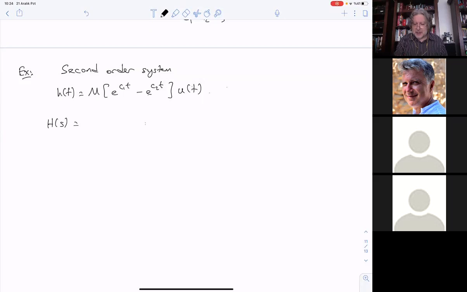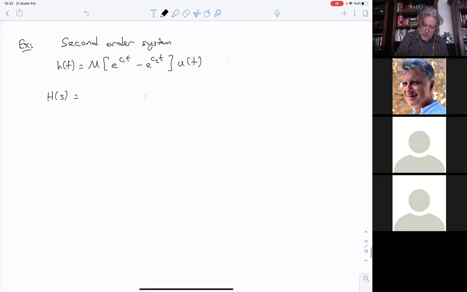But I'm not going to find the Laplace transform in this particular representation of h of t, but eventually I will convert many of the outputs to some new parameters. One of them is omega n squared divided by s minus c1 times s minus c2.